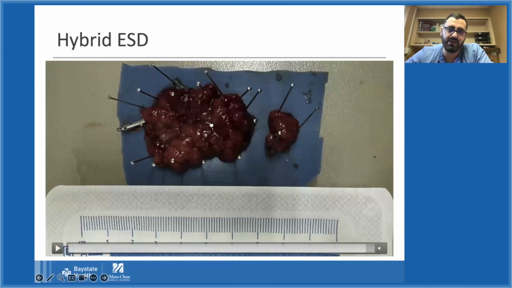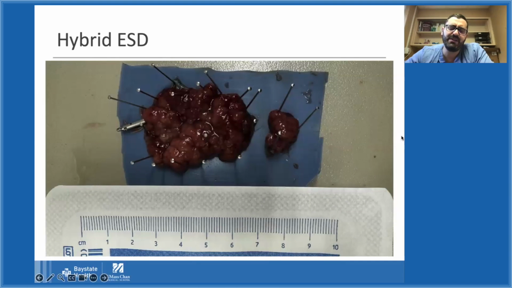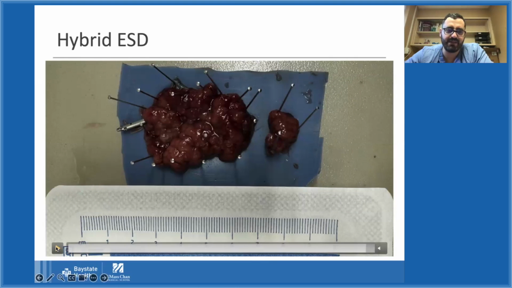So the biggest chunk of it is removed in a single piece, but then there was this smaller piece. The patient did well, was admitted to the hospital for a couple of days and left home just to make sure that he's stable. And the pathology results showed that there is an early cancer in it, but there was no advanced cancer. So basically, he was cured.